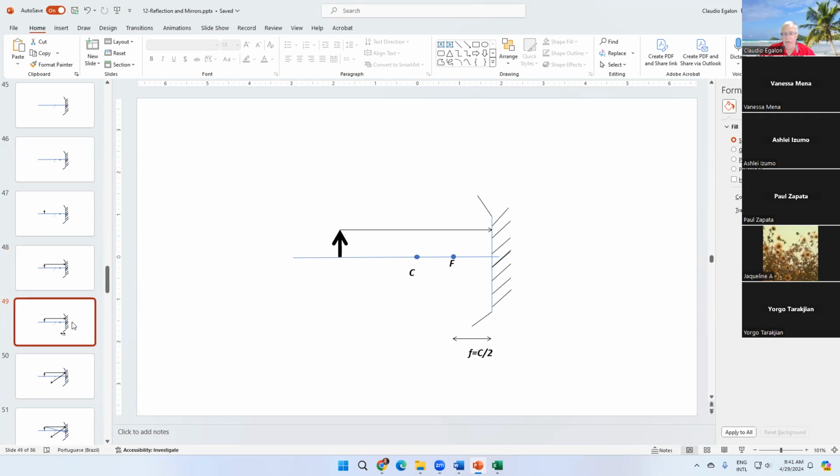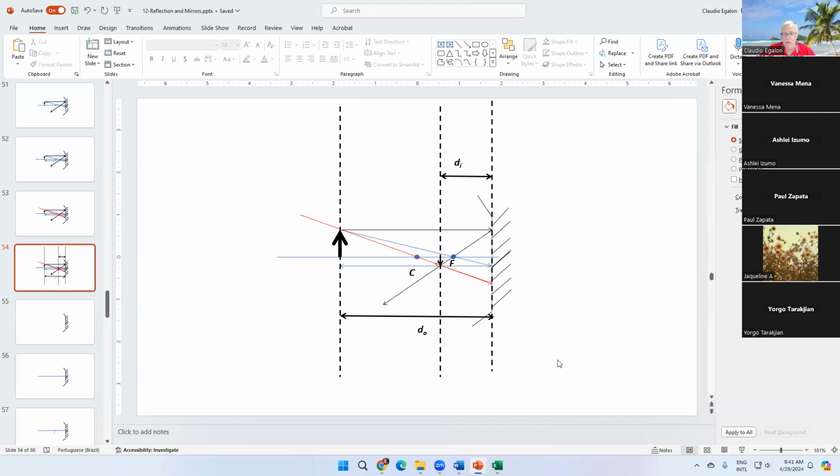That's half the distance of the center of curvature. Here you go, first light ray. And then you can choose your second light ray from any of those three that we mentioned, okay? It can be this light ray here, that's going to reflect parallel. It can be this other light ray that's going to reflect on itself.